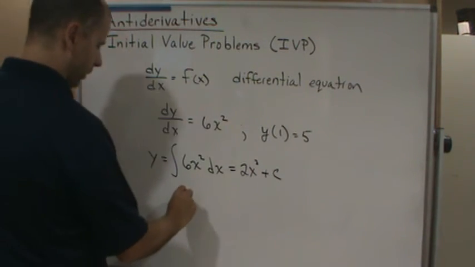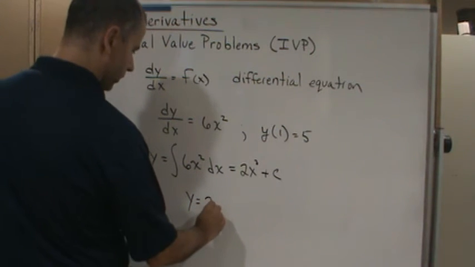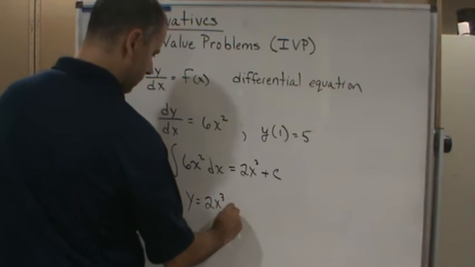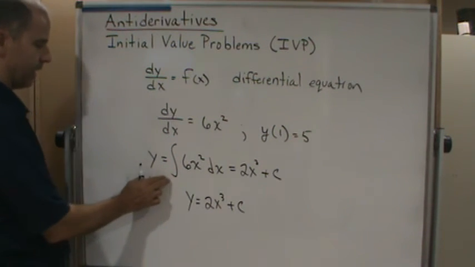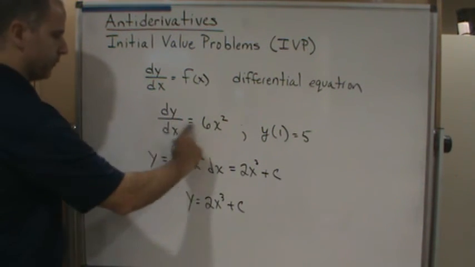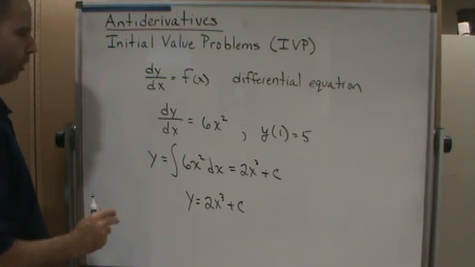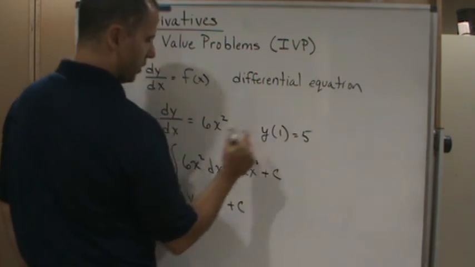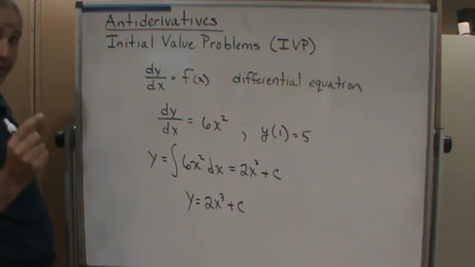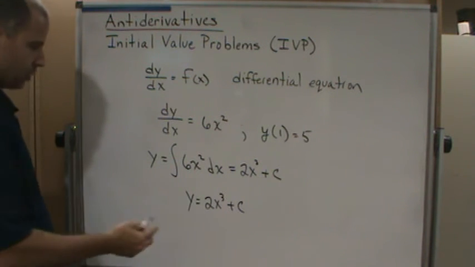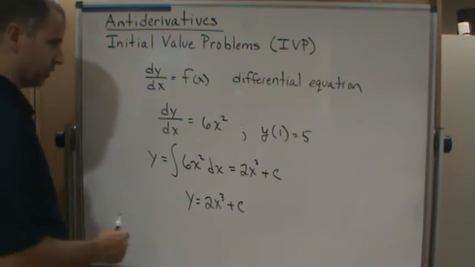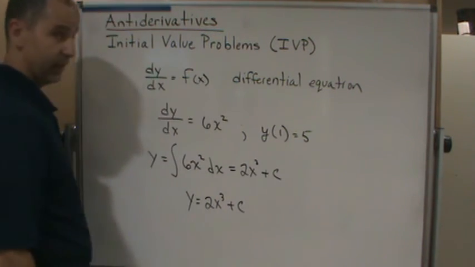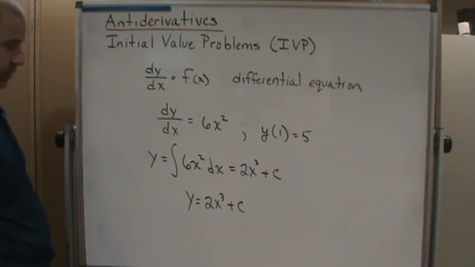Now, we know that y equals 2x cubed plus c represents a family of functions that satisfies this differential equation. But now let's use the initial condition to find the particular solution. So this is a general solution. Now let's find the particular solution using this initial condition.